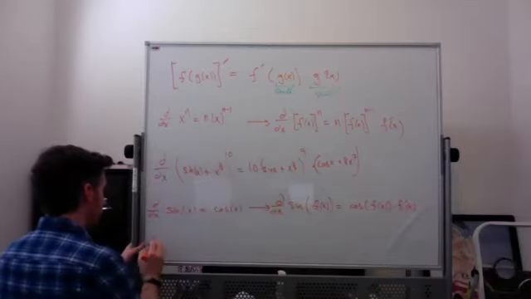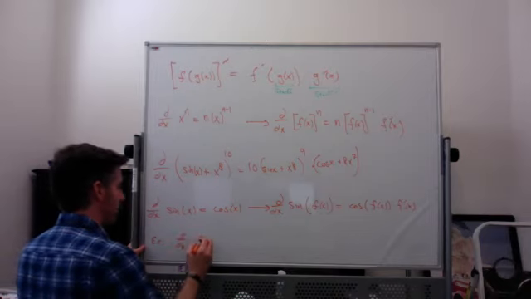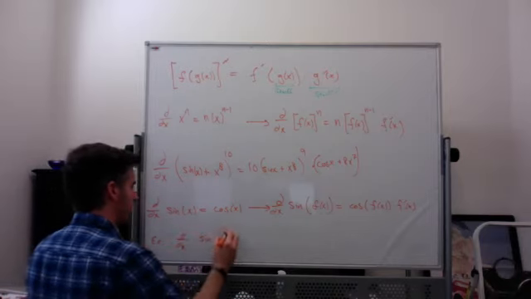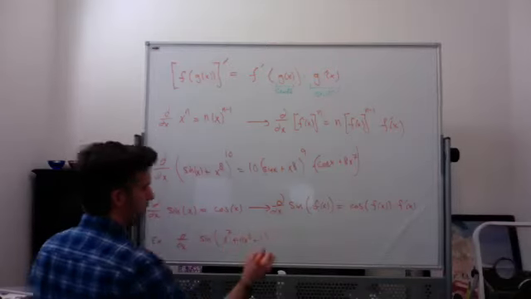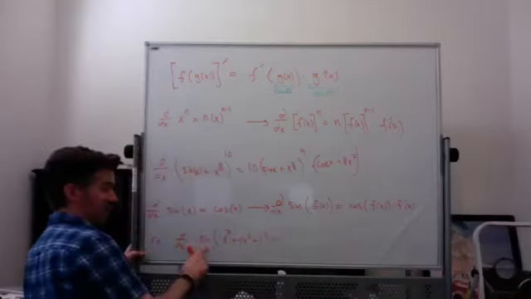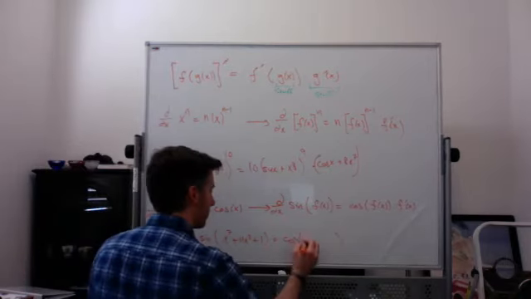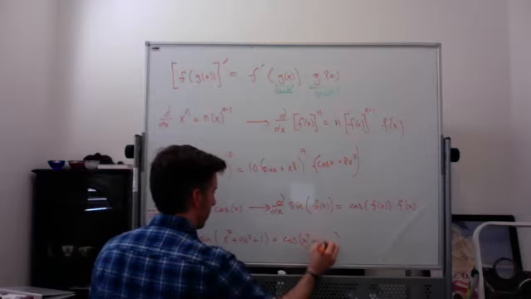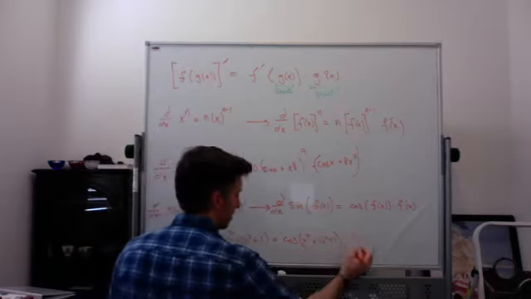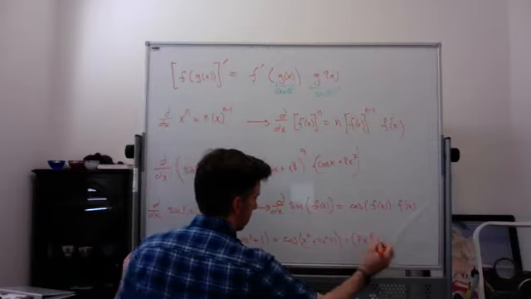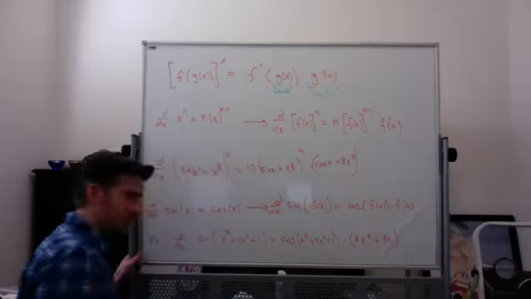For example, the derivative of sine of x to the 7th plus 4x squared plus 1 is cosine of x to the 7th plus 4x squared plus 1, times the derivative of the inside stuff, which is 7x to the 6th plus 8x plus 0, which I'm not going to write.